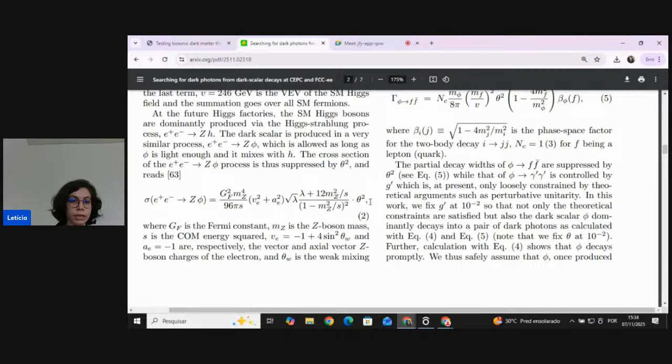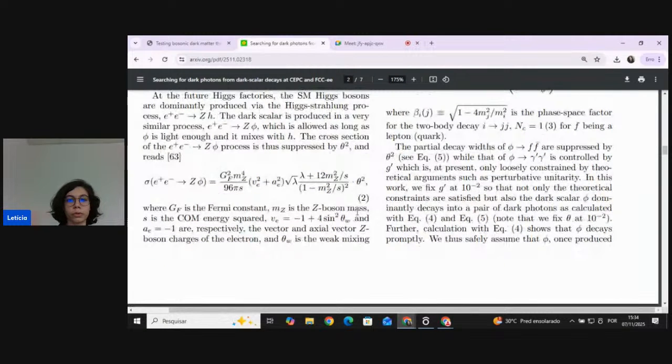Therefore, you have a range for this angle where you don't want this to be so suppressed that it wouldn't be possible and you would never see this process, but you have some bounds as well on this angle, that this mixing can't be larger than 10 to minus 1, I think, and 10 to minus 2 for this 10 to 100 GeV.